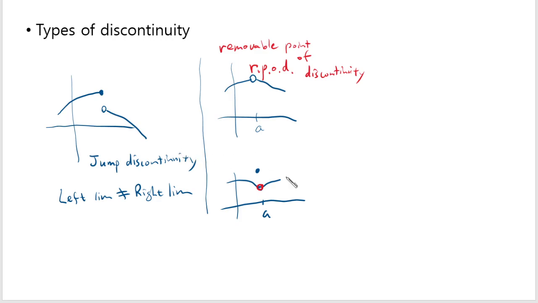Now this type of discontinuity is called removable discontinuity because among all these discontinuities, it's the most treatable.